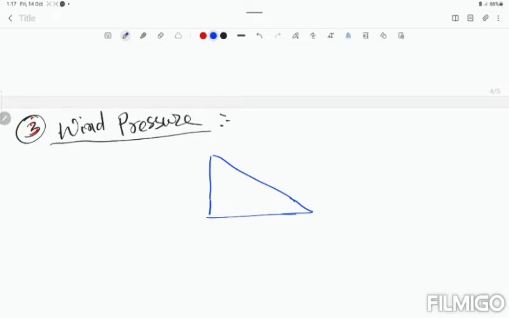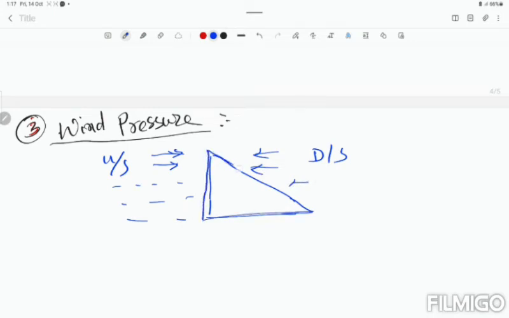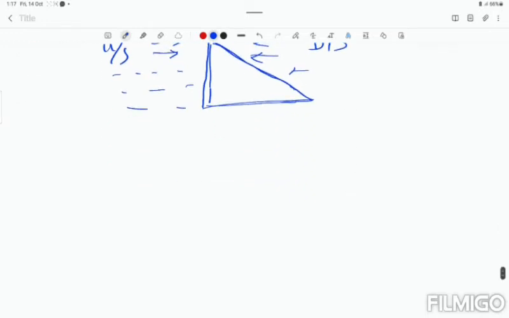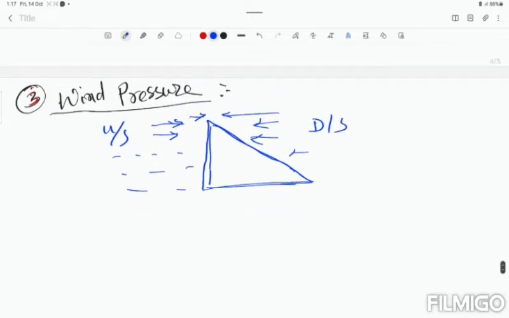If this is the dam body, this is the upstream side and this is the downstream side, when the force or direction of air will be in this place or in this place, such kinds of forces are also provided for, so we will take them. Wind pressure is also minimal, but we already studied about it. So this also generates on the wall of that area of our dam.